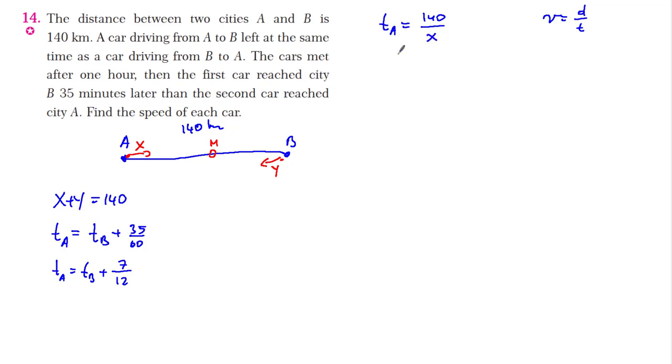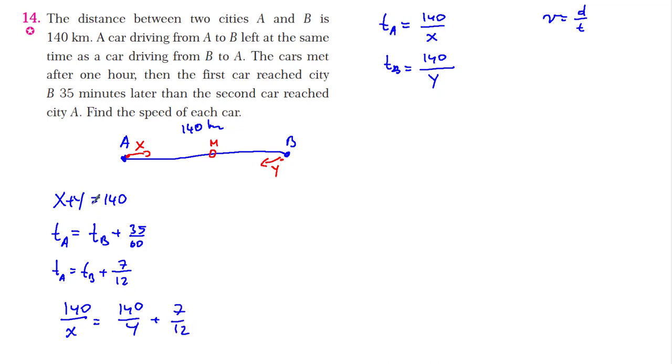For us, the speed is x, and the time it took the second car B is 140, because it also covered 140 kilometers, over its speed y. Take these values, input here. What do we get? 140 over x is 140 over y plus 7 over 12.